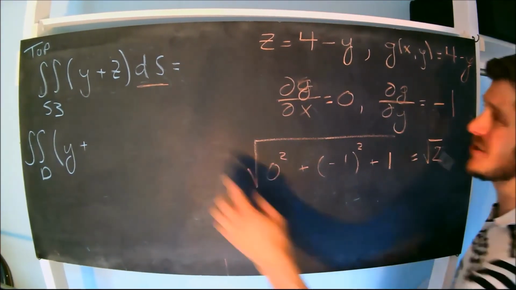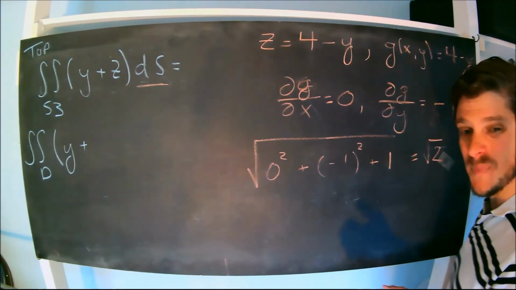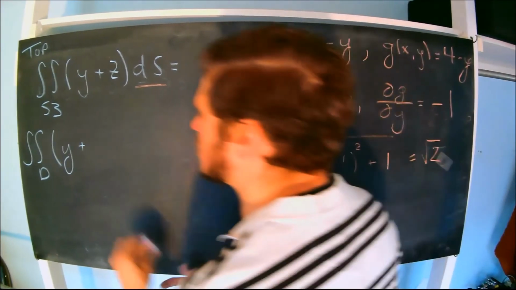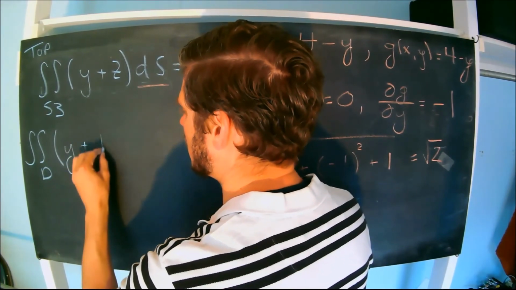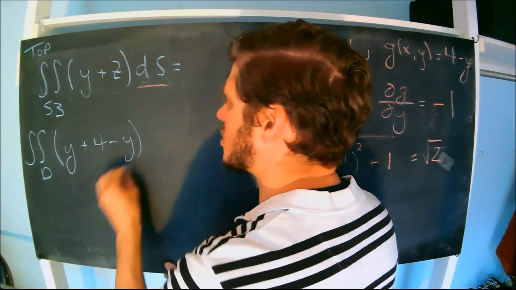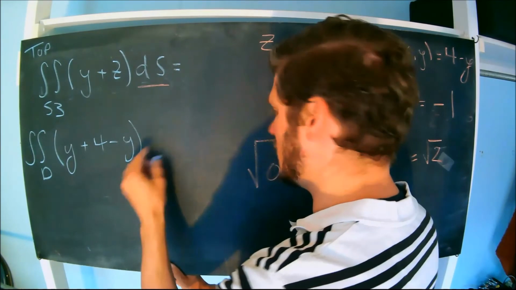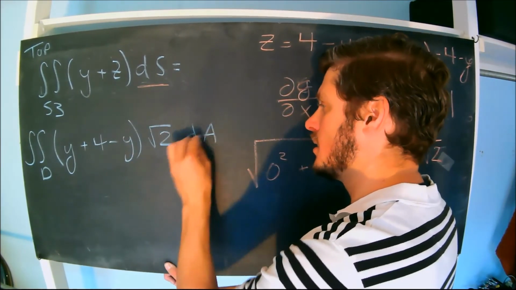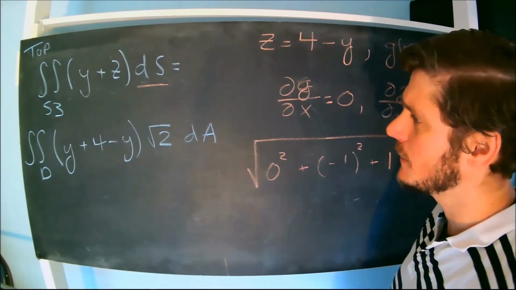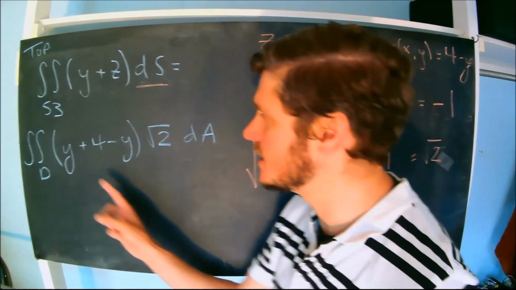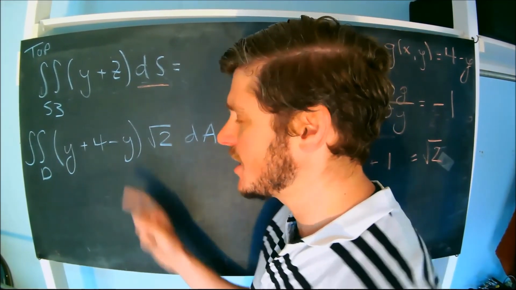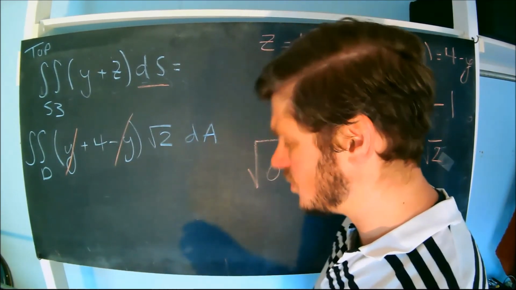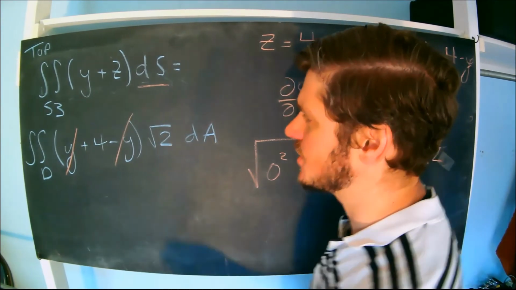The whole idea is I'm getting rid of my z so that I'm doing this in terms of x's and y's. But we know what z equals. Z is 4 minus y. So y plus 4 minus y. The dS becomes the square root 2 dA. But what's going to happen here? Well, y minus y is going to cancel out. So it looks like I just have 4 times root 2 as my integrand.